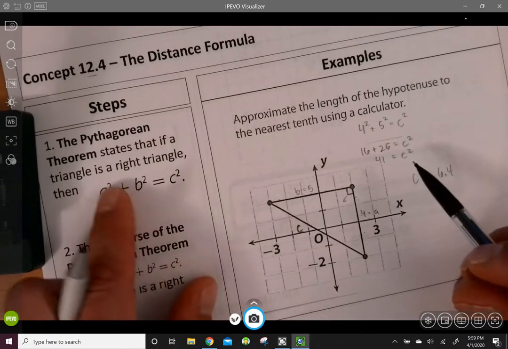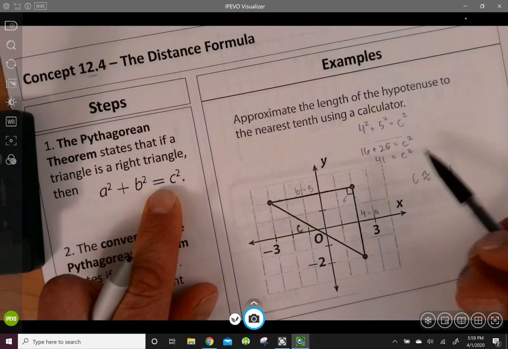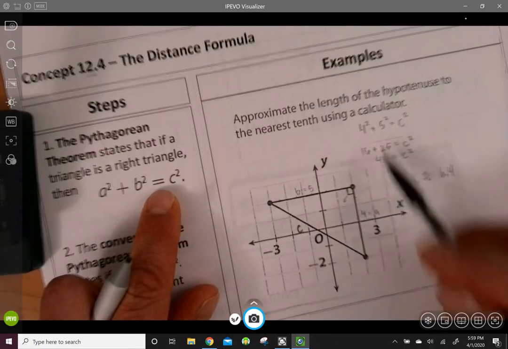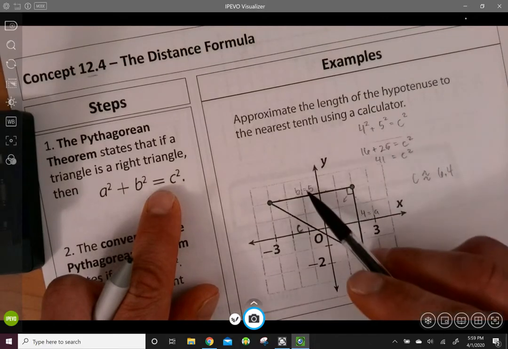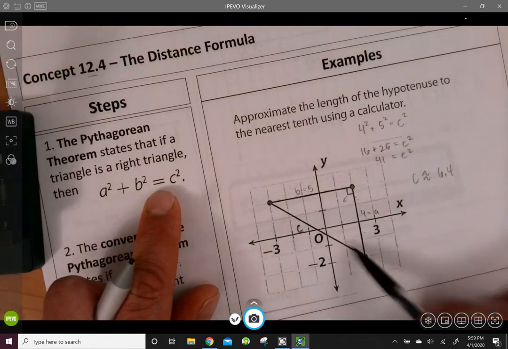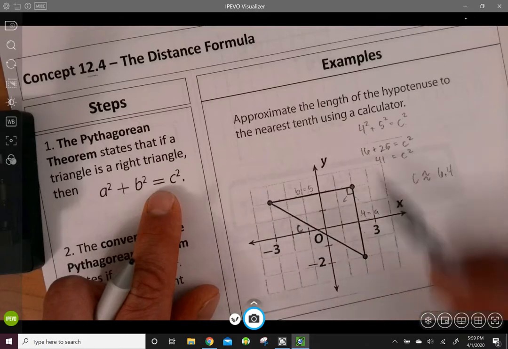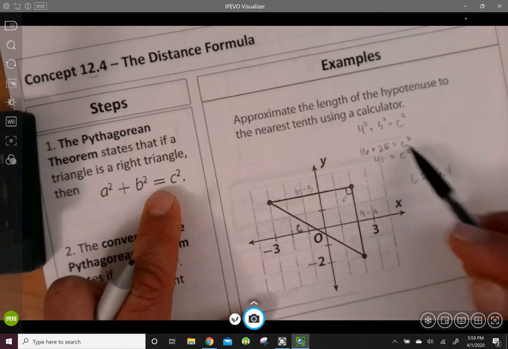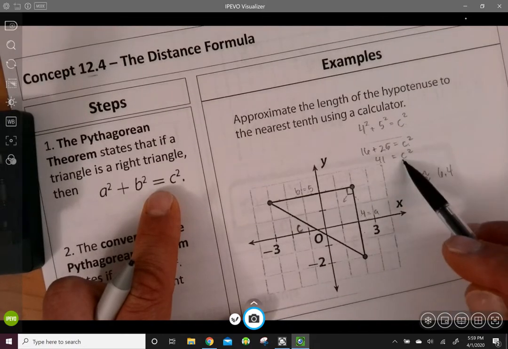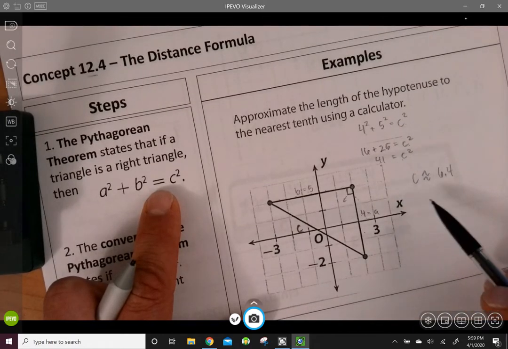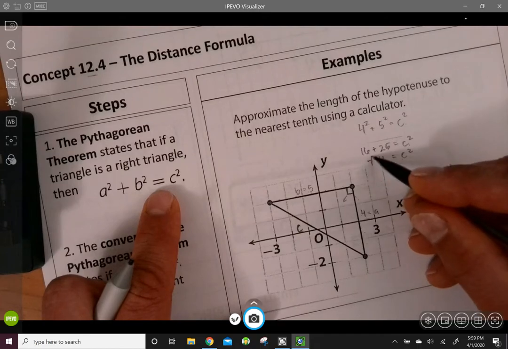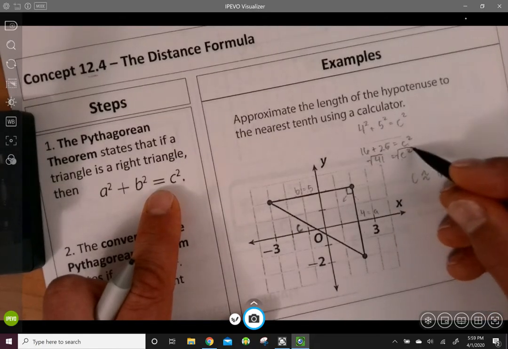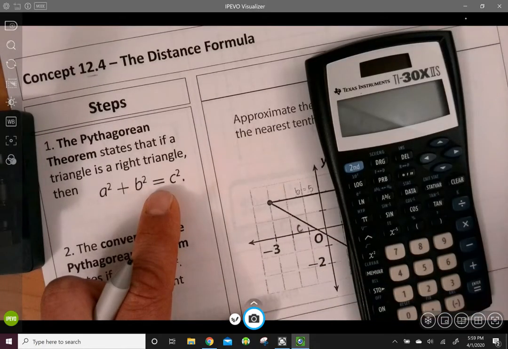And the Pythagorean theorem, like we said, tells us a squared plus b squared equals c squared. So 4 squared plus 5 squared should equal the length of this line right here, c squared. So we're going to do 16 plus 25 equals c squared, and that's 41 is equal to c squared. And if we take the square root of both sides there, you guys can use your calculators for all this stuff.